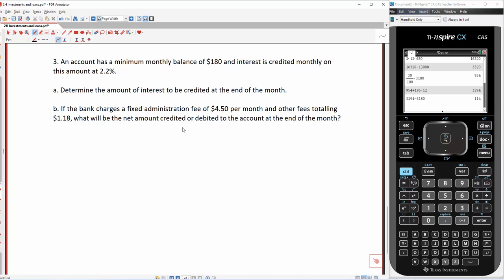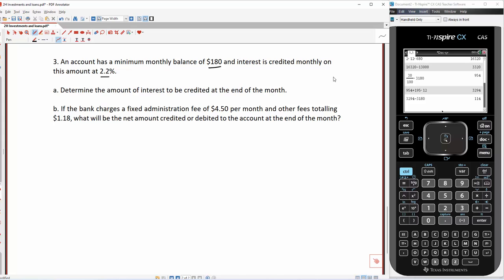Okay, the final example that we'll do: an account has a minimum monthly balance of $180 and is credited monthly on this amount at 2.2%. So determine the amount of interest to be credited at the end of the month. All right, so we've got $180, and then we're just going to work out what 2.2% is of 180 and add that.